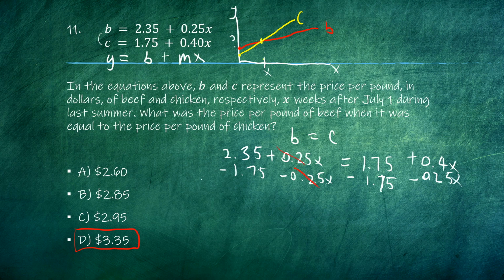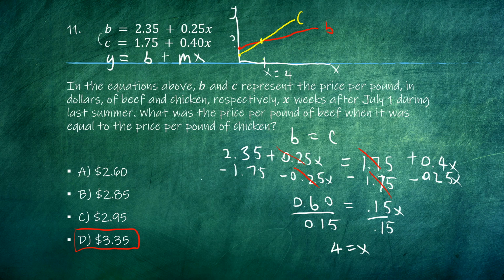So this cancels out, this cancels out. So at the end, we have 0.60, which is equal to 0.15x. And we can divide both sides by 0.15. Then we have 4 is equal to x. So what this means is that when x is equal to 4, which is the 4th week after July 1st, the price of chicken and beef will be the same.